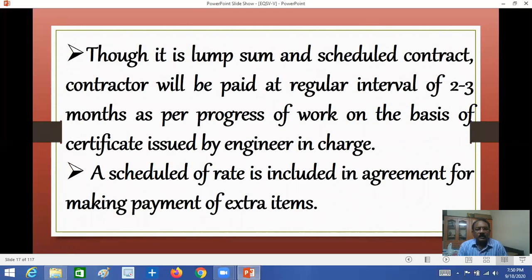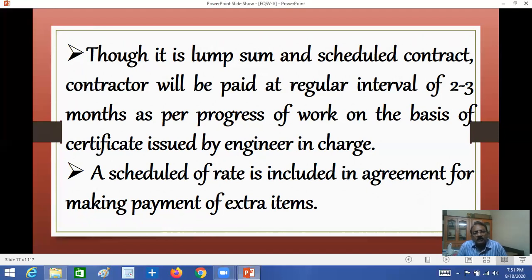Though it is a lump sum and schedule contract, the contractor will be paid at regular intervals of 2 to 3 months as the progress of work, on the basis of a certificate issued by the engineer in charge or to the owner's satisfaction.